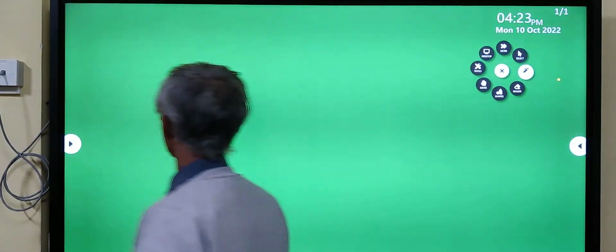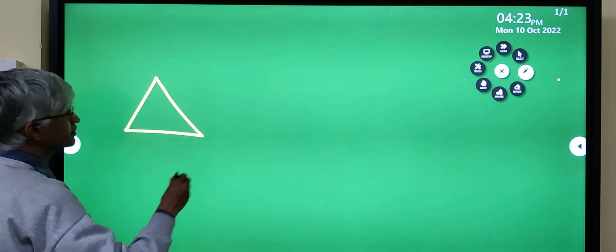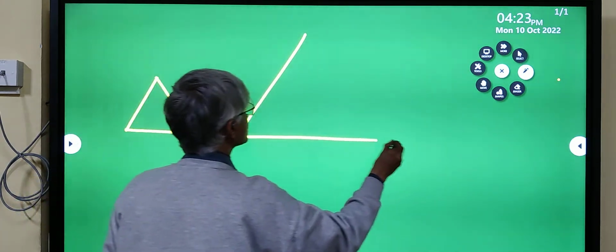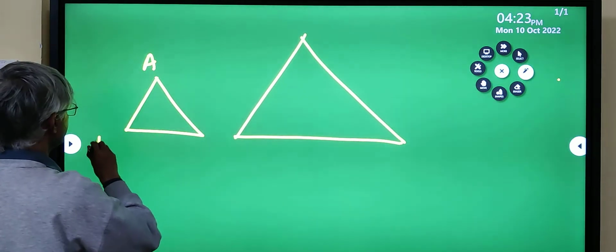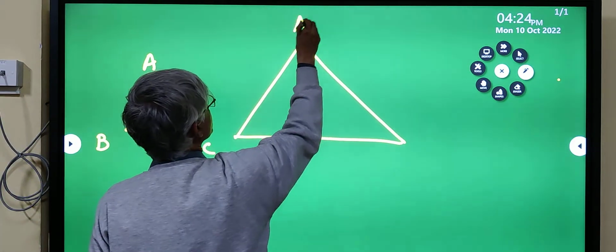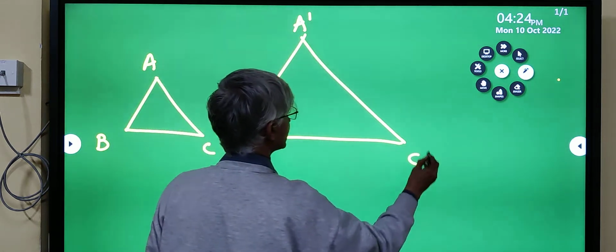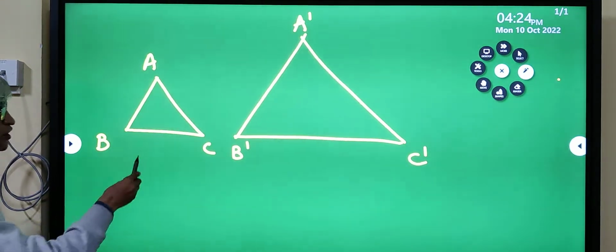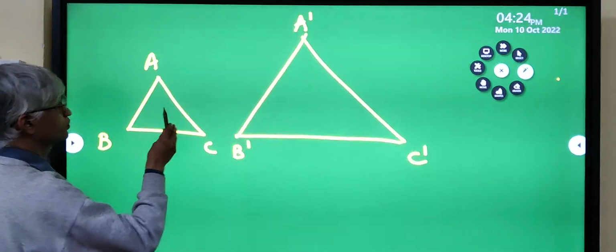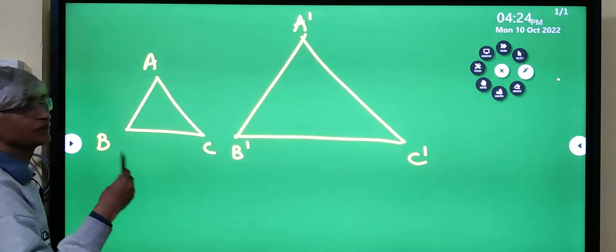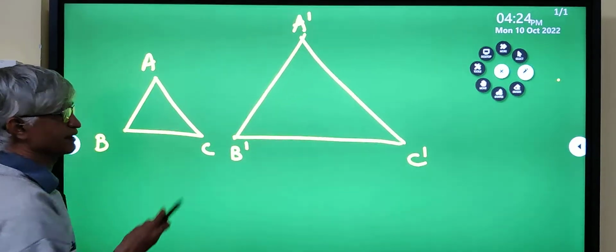The first example that I would like to solve using similarity. Okay, before that, one simple fact, let's write it down. So the general nice idea is like this: if two triangles are similar, so let's say ABC is similar to A dash B dash C dash, any corresponding length of this triangle to the corresponding length in this triangle will have the same ratio as the sides.